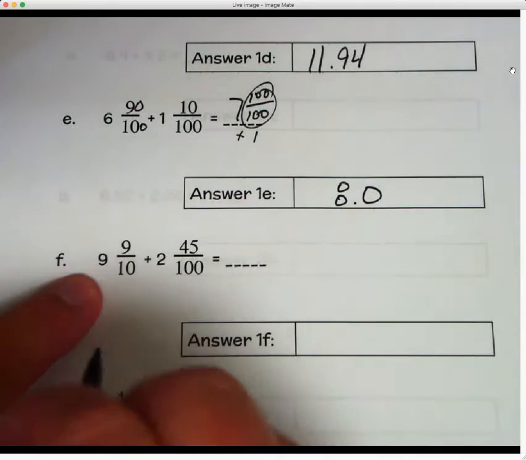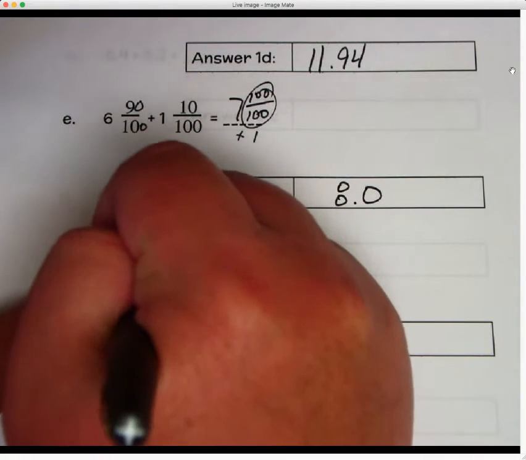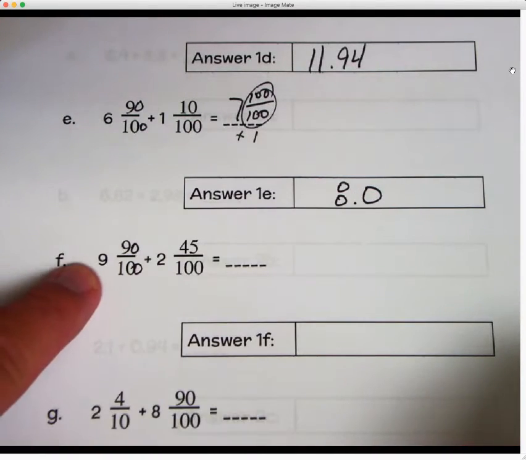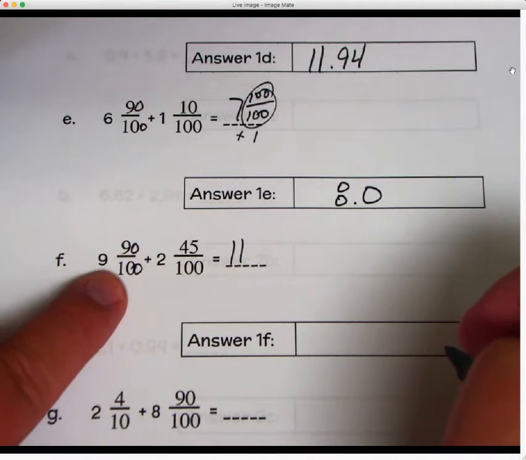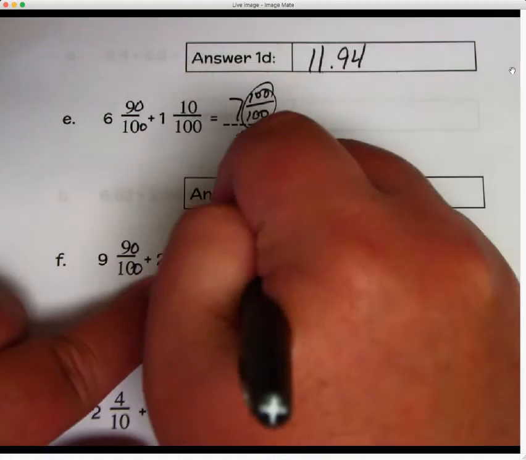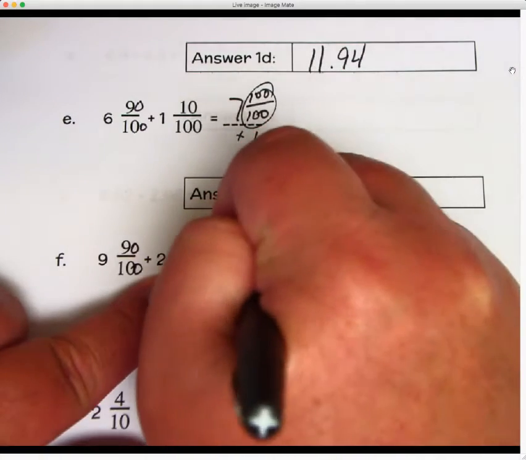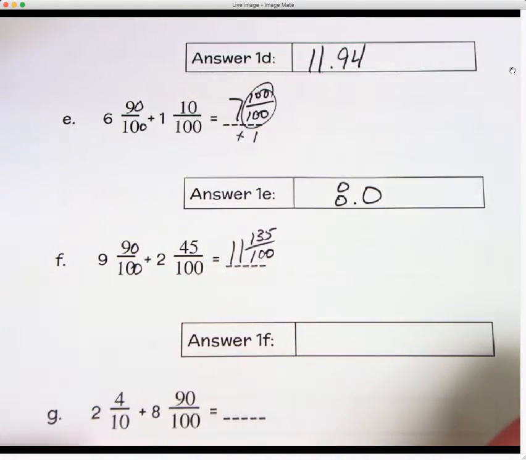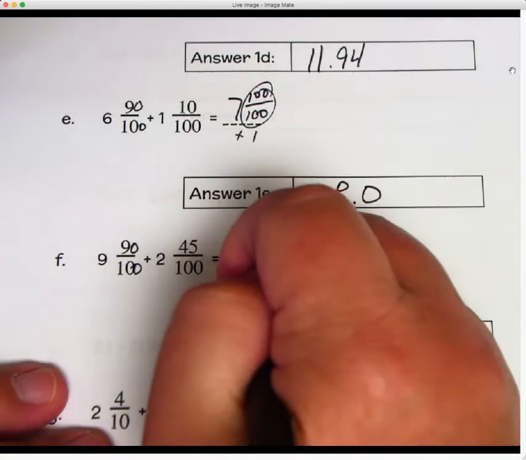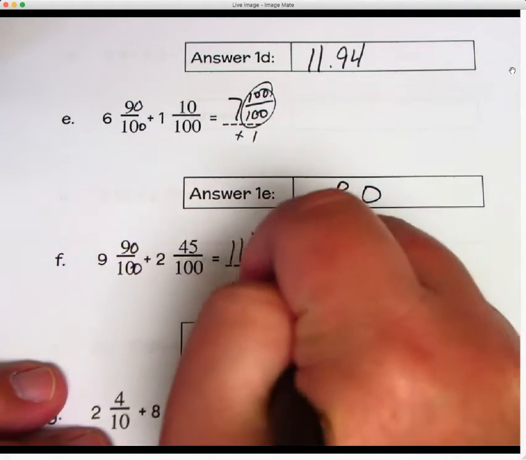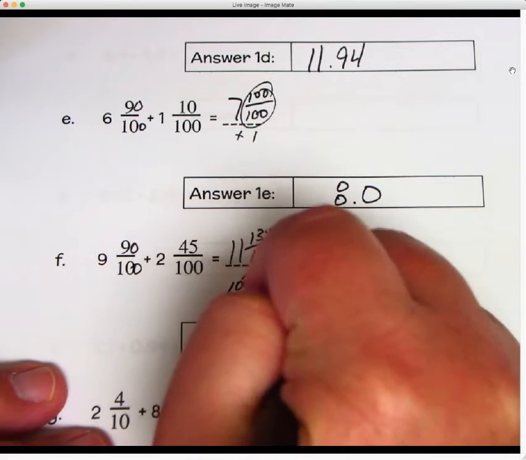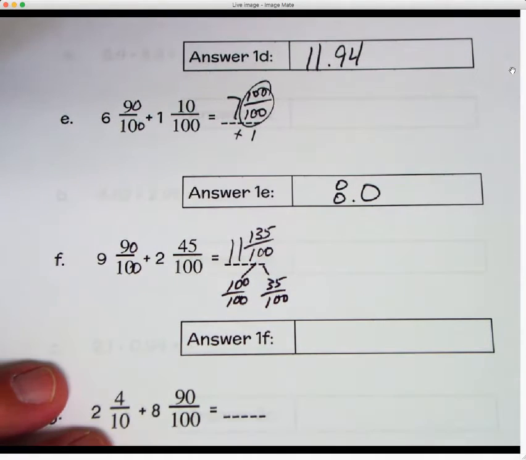Okay. 9 9 tenths. 9 tenths is going to be 90 hundredths. 9 plus 2 is 11. 90 hundredths plus 45 hundredths is 135 hundredths. I knew they would make us decompose eventually. Blah. 135 hundredths is 100 hundredths and 35 hundredths. Now, watch carefully.